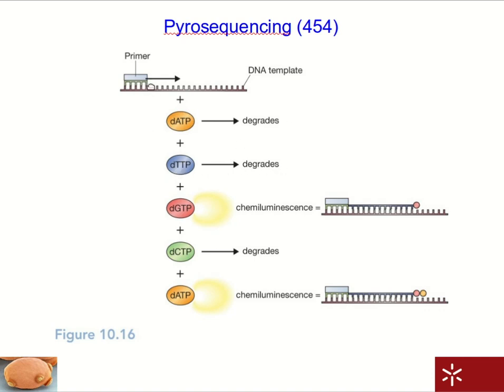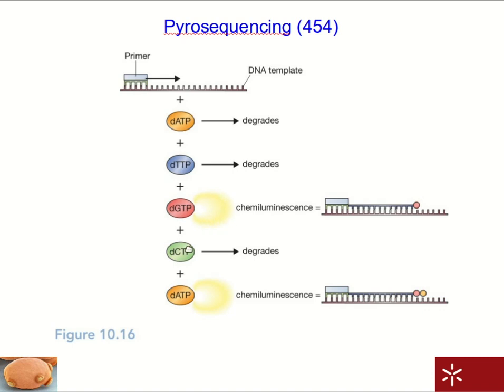This one is also not incorporated and it will be degraded. Only when we add dGTP, in this case, is the dGTP incorporated into the growing molecule and a flash of light produced.